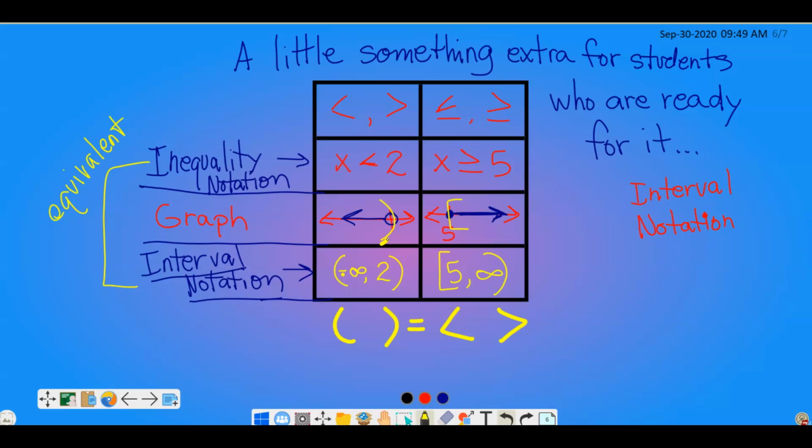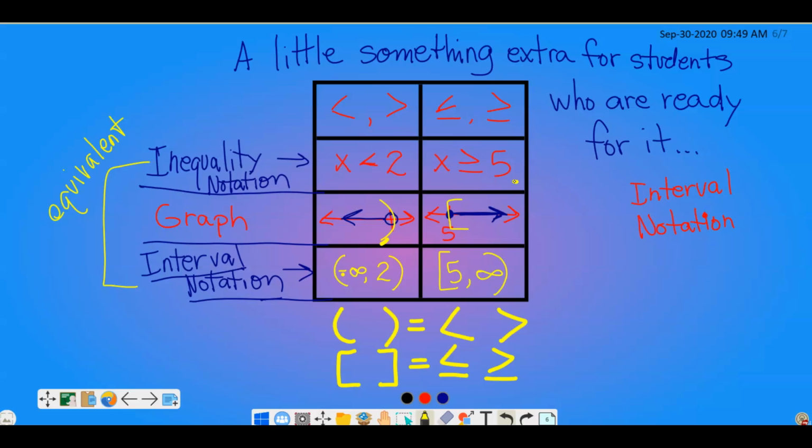Likewise, brackets mean the same thing as less than or equal to and greater than or equal to. All righty? So in this case of x is greater than or equal to 5, here's our graph, solid colored in circle. Here's our line pointing in the correct direction. And here's what this looks like in interval notation.